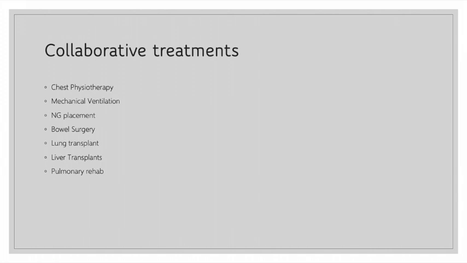But that's typically only done if there is severe damage by like liver disease or cirrhosis. And then if anything does happen, or just in general, it's nice to have some pulmonary rehab if needed, because that's going to help strengthen the patient and their lungs to get back to a normal life where they can perform their activities of daily living and not feel like they're having a harder time breathing.